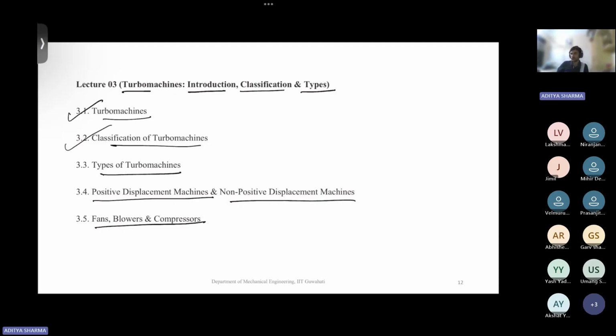One is power absorbing, then one is power producing. What is power absorbing? Your compressor, where you compress your air. Later you'll see the role of a compressor or a turbine in an aircraft engine.